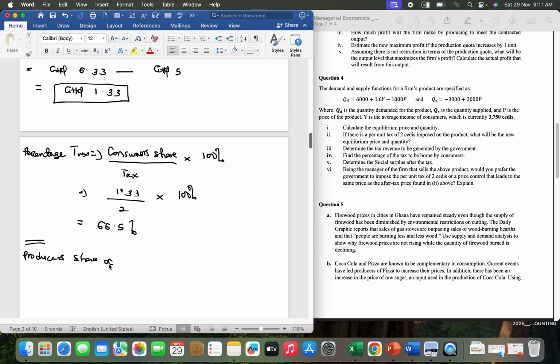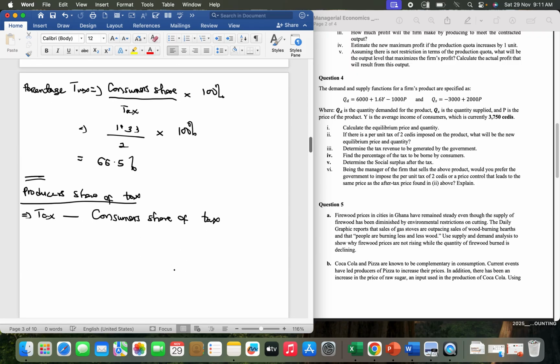In case you are asked for the producer's share of tax: the producer's share of tax is the tax given in the question minus the consumer's share of tax. They didn't ask you to solve this particular one, but I'm adding it.